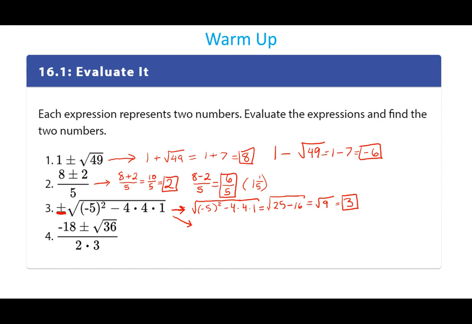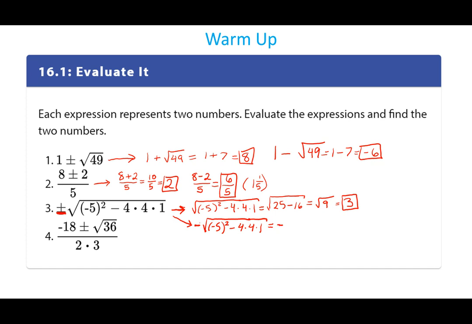Our second possible answer for evaluating this comes from using the negative from our plus or minus. So here we have the minus, and then the same expression, negative 5 in parentheses squared minus 4 times 4 times 1. Again, I'm going to be careful with my square root sign so I know what is and isn't in our radical or square root symbol.